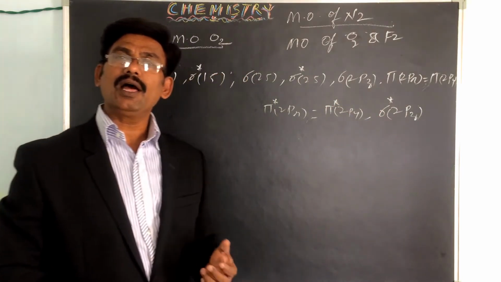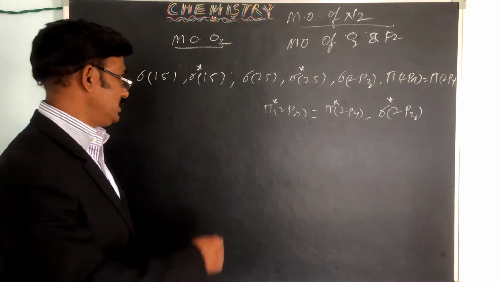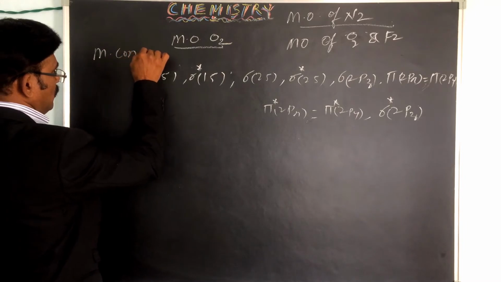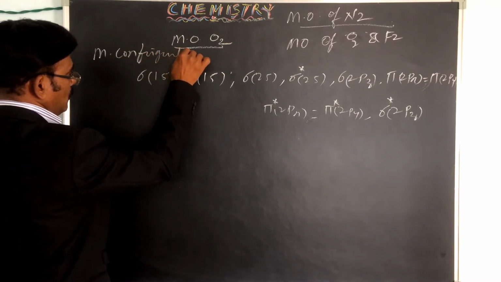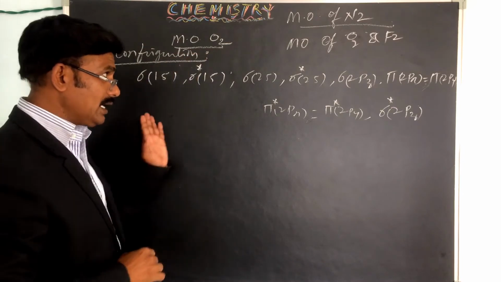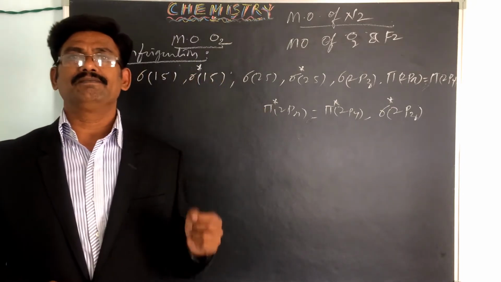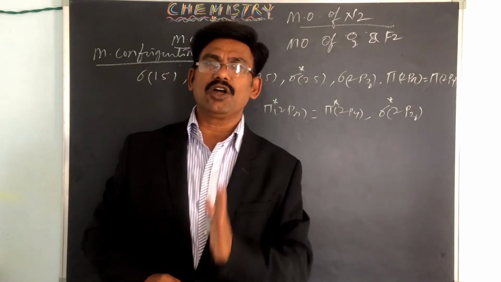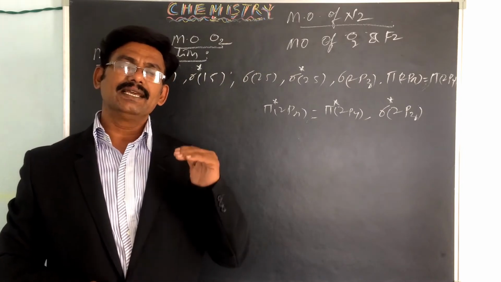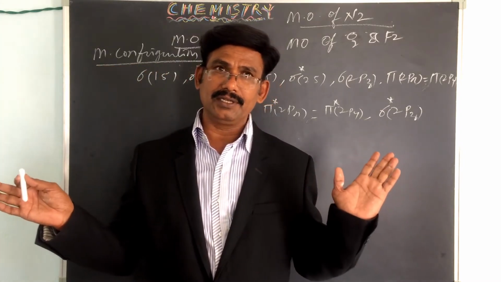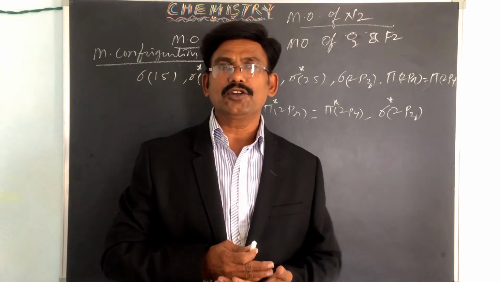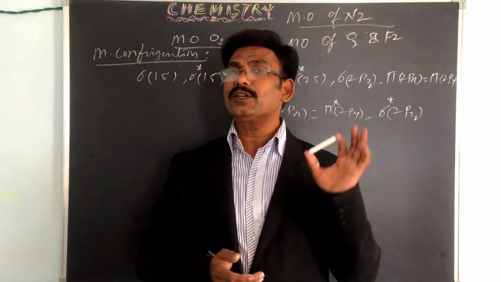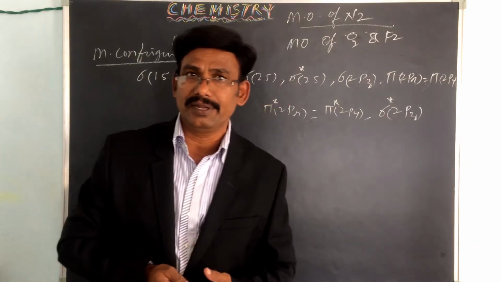This is the molecular orbital configuration, not in increasing order: sigma 1s, sigma star 1s, sigma 2s, sigma star 2s, sigma 2pz, pi 2px and pi 2py, pi star 2px and pi star 2py, which are equal energy, and finally sigma star 2pz. This is the molecular electron configuration.